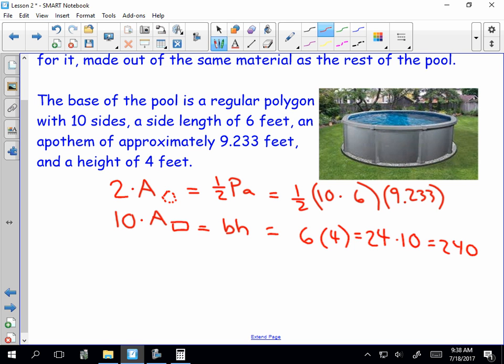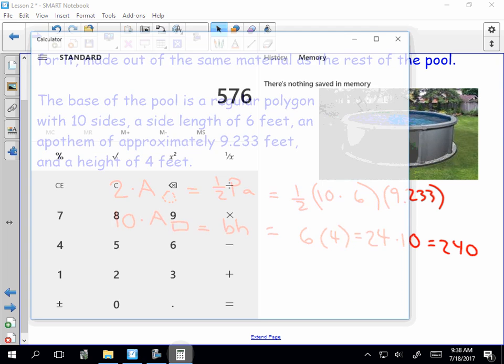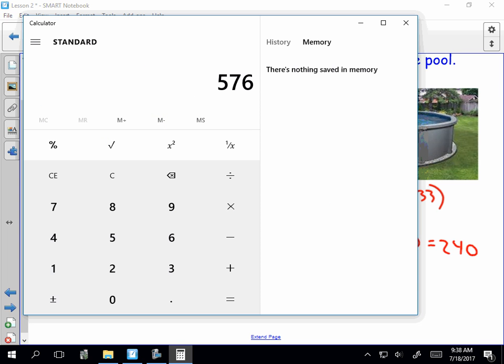And then we have our base area where we've got 60 divided by 2, which is 30. 30 times our apothem, 9.233.